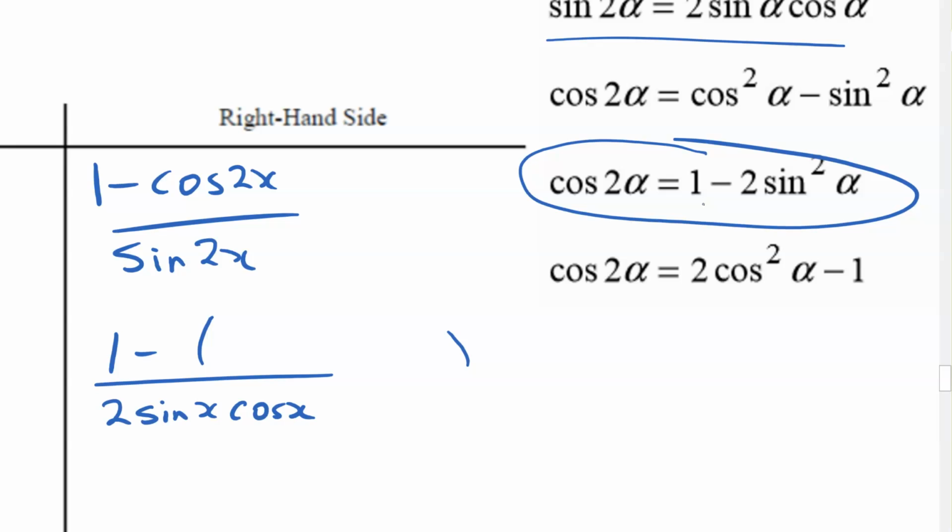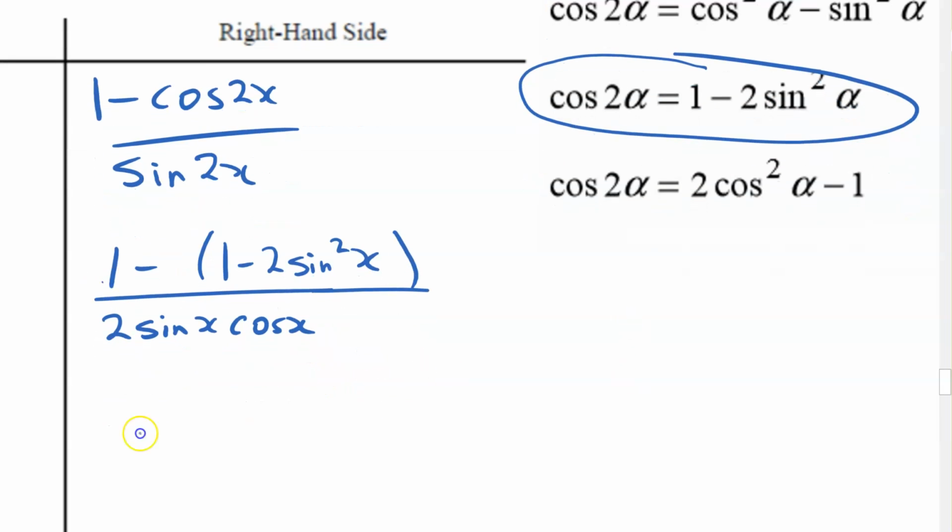So let's try it out. If I write that part in, I get 1 minus 2 sine squared x. I can put this parentheses a little closer. At this point, when I drop those parentheses, I'm going to get 1 minus 1, but then I'm going to be subtracting that negative. So what I end up getting in the numerator, the ones cancel each other out.